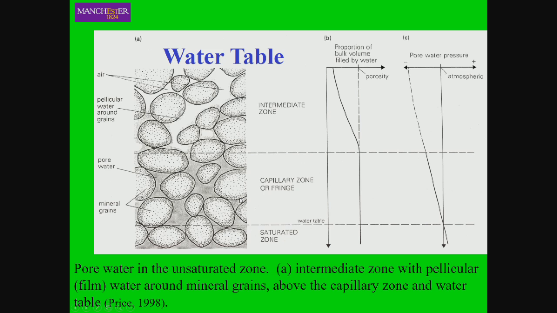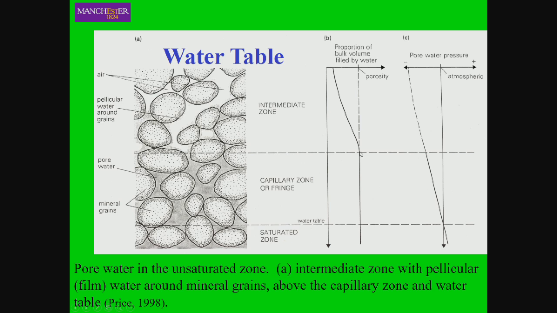From the point of view of modelling physical transport, it's not so important. But for looking at where chemicals and pollutants go, the capillary zone is really important. And it's still 100% pores filled with water, even above the water table.